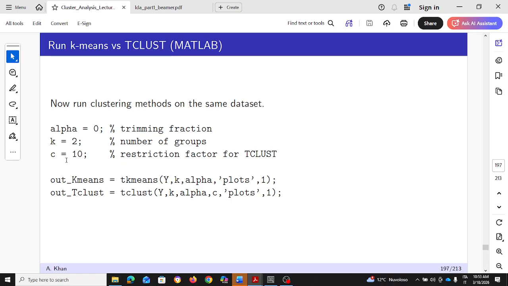And C, the factor, the ratio between lambda max and lambda min, controls the covariance, so we fix it; it's greater than 1. We choose its value equal to 10. And then we run both algorithms, k-means and plot them, and t-clustering with this function.